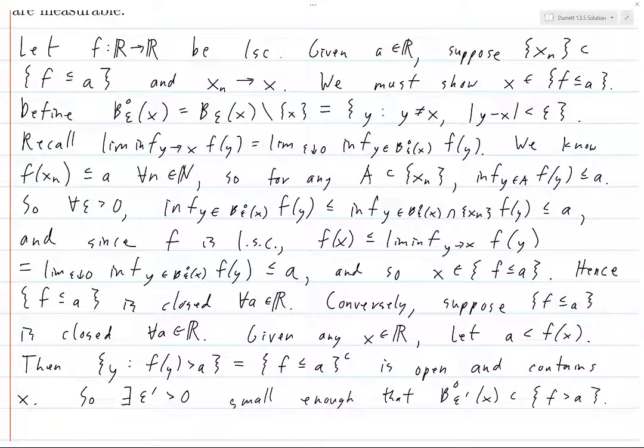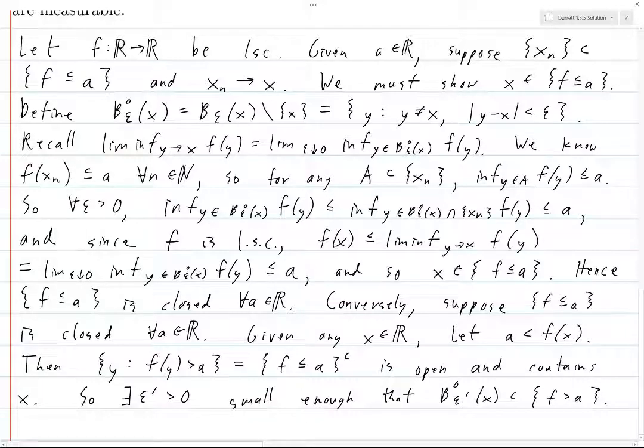And this also uses a fact that comes from analysis, and you can prove it if you want, that any open set in the standard topology on R can be written as a countable union of disjoint open intervals.